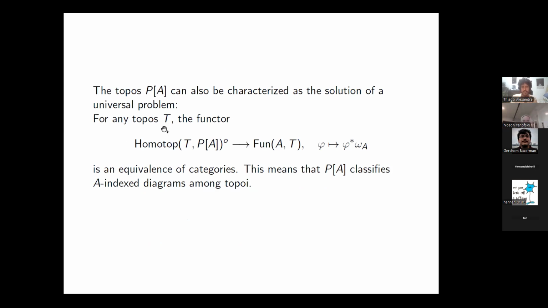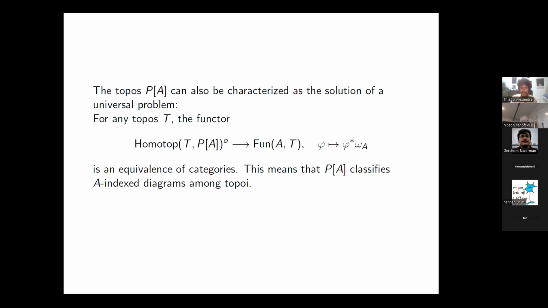For any topos T, we have a canonical equivalence between geometric morphisms from T to the free topos of A and functors from A to T. So in a certain sense, the free topos classifies A-indexed diagrams among toposes.